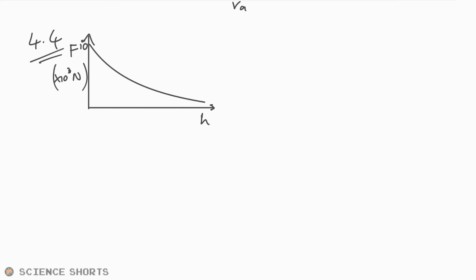Is it inverse square or exponential? Super easy to prove. If it's inverse square, we know that the count rates will be proportional to 1 over h squared. So therefore, F times h squared is equal to a constant.